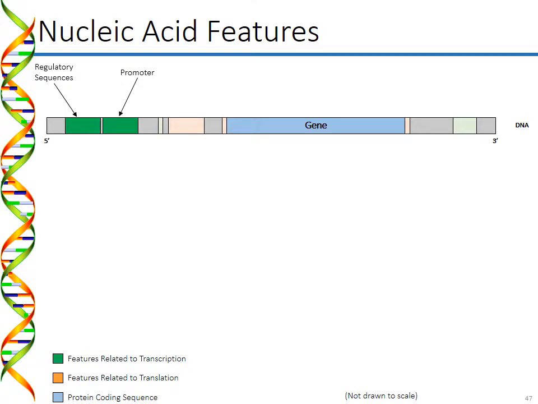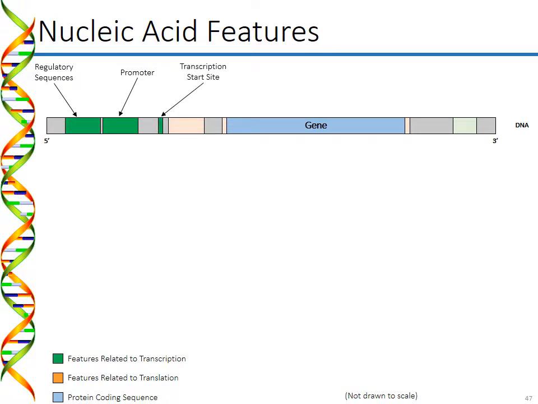Then we have the promoter. That tends to be the main driver of how many RNA transcripts are produced of the gene. Regulatory sequences also play some role in that, though to a lesser extent, but a non-negligible extent.